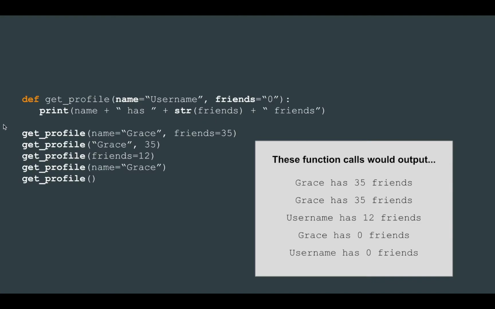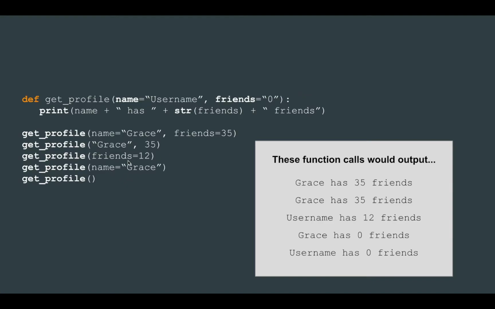So we have this first call, getProfile, and we pass in name equals Grace and then friends equals 35. When that gets called, it's going to output Grace has 35 friends. We can also pass them in positionally without having to use the keywords. So we can just pass in Grace and then 35 because that is the proper order.